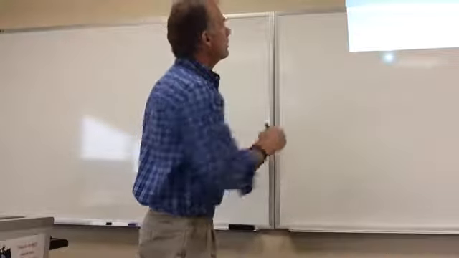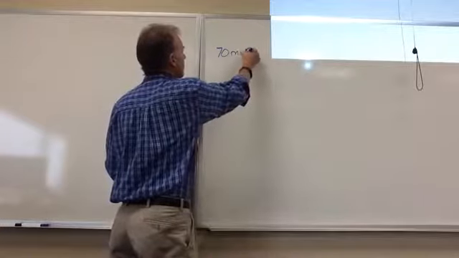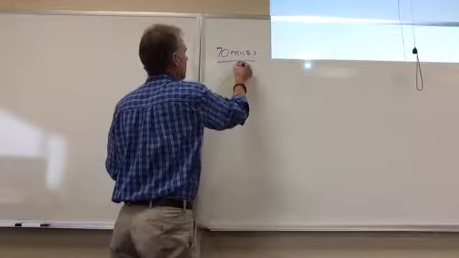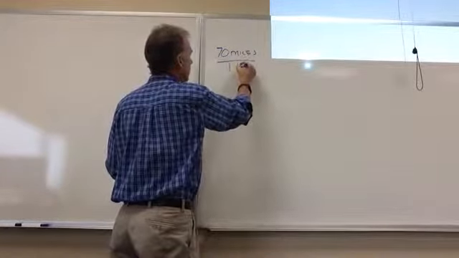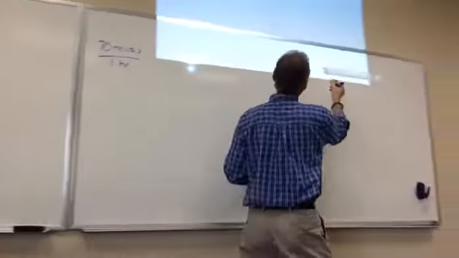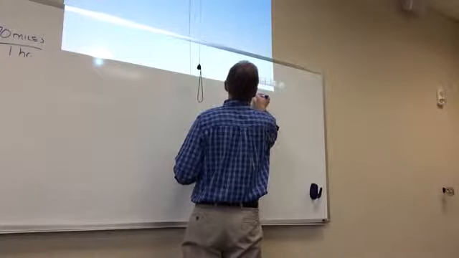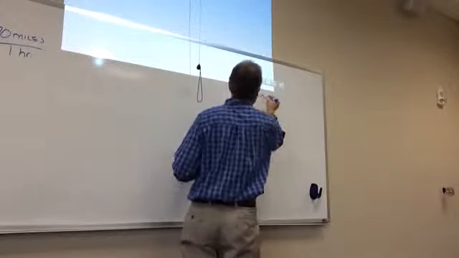So in this problem, we're going to start off with 70 miles per 1 hour. Fine with that? And what we want it to be over here is feet per second. Like that?